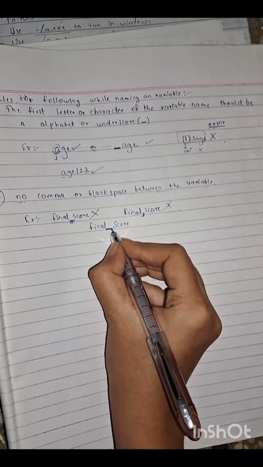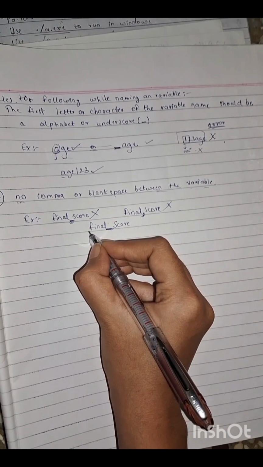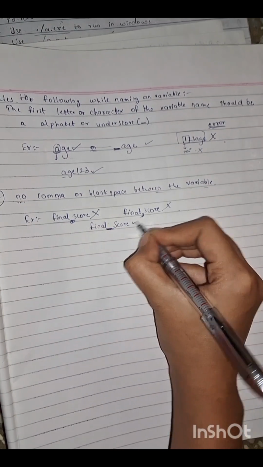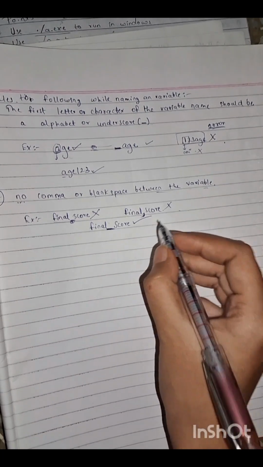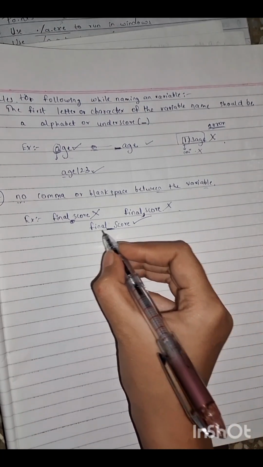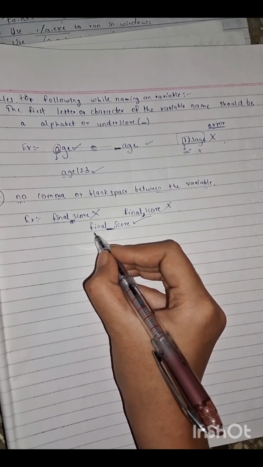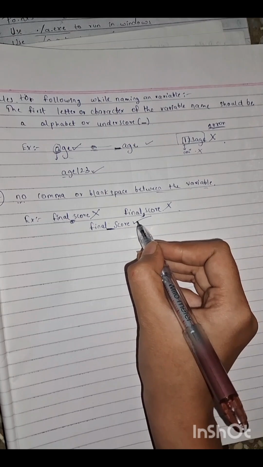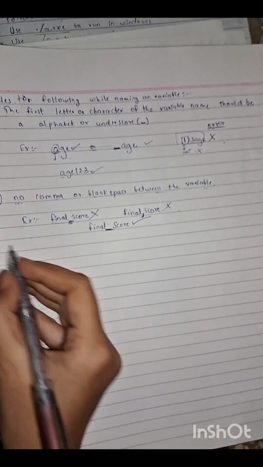So here there is no blank space or comma, so this is right. By this we can say that it should be continuous, with no unnecessary blank space. Then only the variable name is valid and the compiler will not give any error.